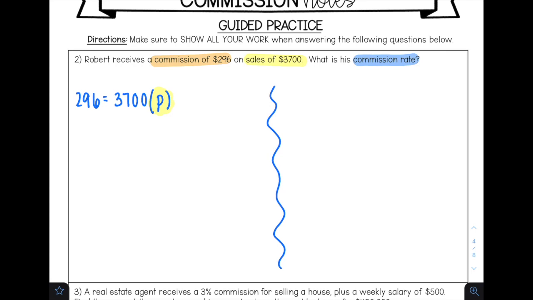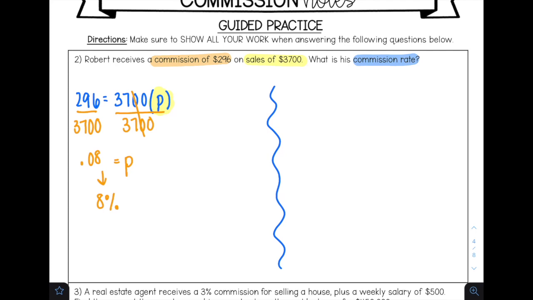That means you divide both sides by 3,700. So you get P equals, they cancel out, 0.08. Because you are using an equation, you want to make sure your percentage is always in decimal form. So this converts to a percent as 8%.